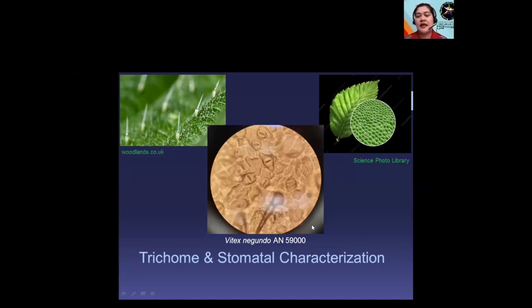I believe in the NPGRL, National Plant Genetic Resources Laboratory, we have more than 45 different morphotypes or different varieties of Vitex negundo. Those are only just starting to be studied. So if you could just imagine, there is so much we can study when it comes to plants.